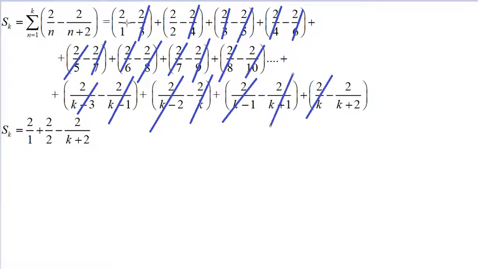So what's left is 2 over 1, 2 over 2, minus 2 over k plus 2. And so that's what the sum of the first k terms is: 2 plus 1 minus 2 over k plus 2.